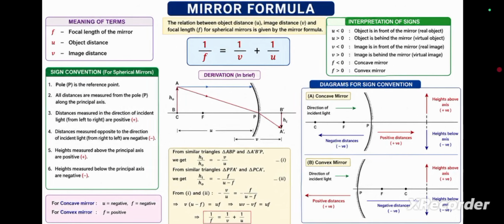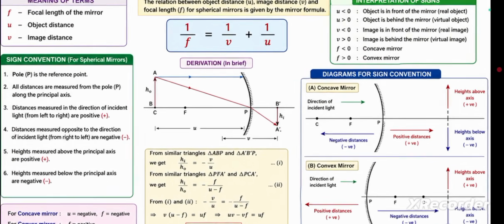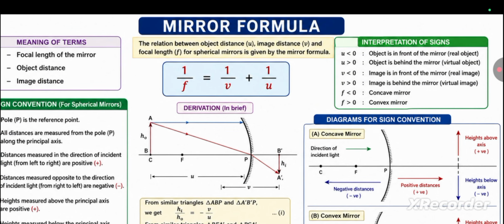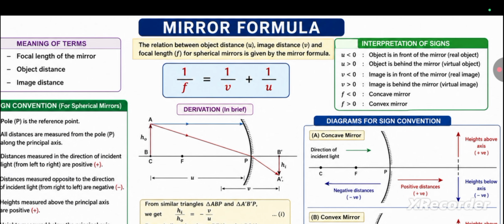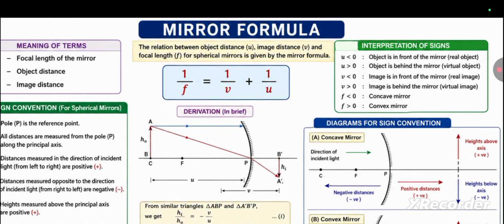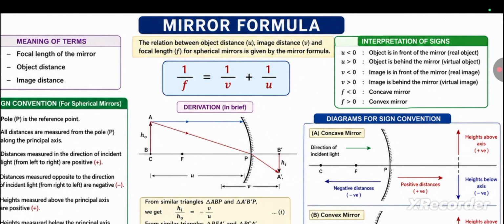The relation between object distance u, image distance v, and focal length f for spherical mirrors is given by the formula called the mirror formula. That is 1 by f is equal to 1 by v plus 1 by u.